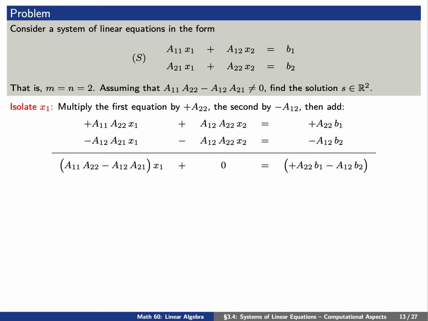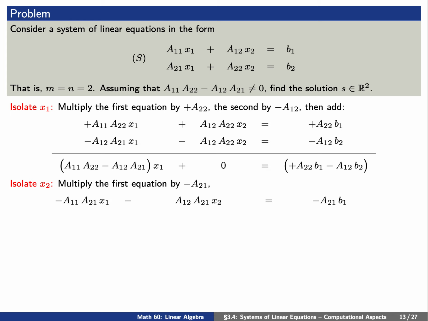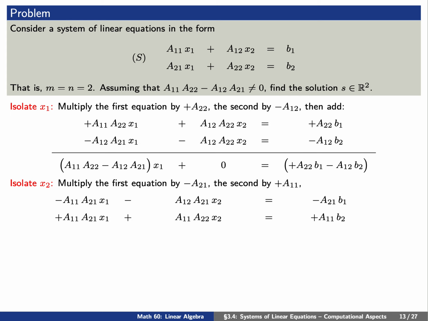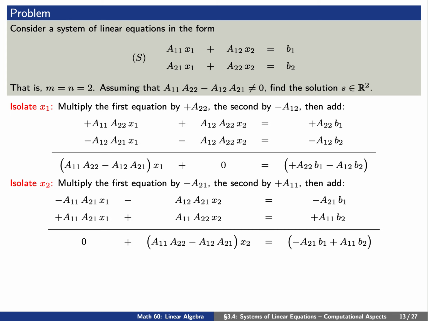We'll use this later to solve for x1. In a similar way, we can isolate x2. To do so, we'll multiply the first equation by negative a21, the second equation by positive a11, and then we'll add these two equations together.